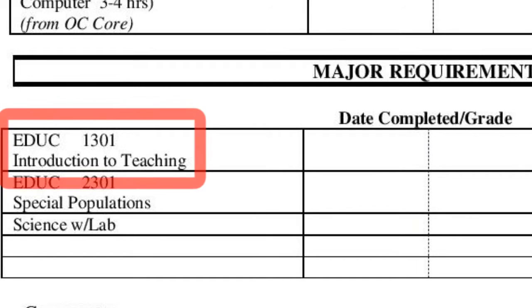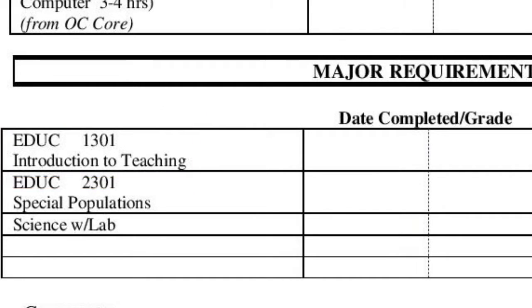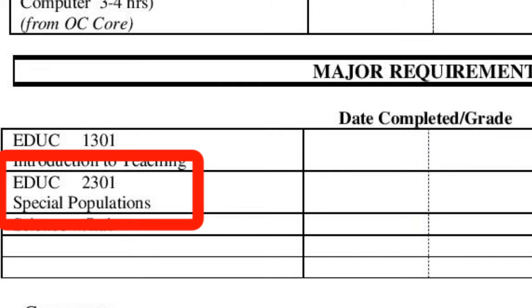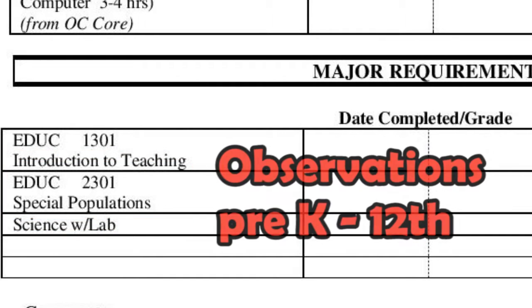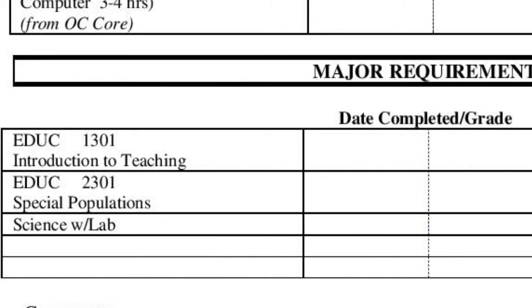Both the Education 1301 class and the Education 2301 class require observation hours in a pre-K through 12th grade setting. If you live in Odessa, Texas, there are many days and times to sign up for. If you're one of my online students who does not live in Odessa, Texas, you will be able to observe in the school district where you live.